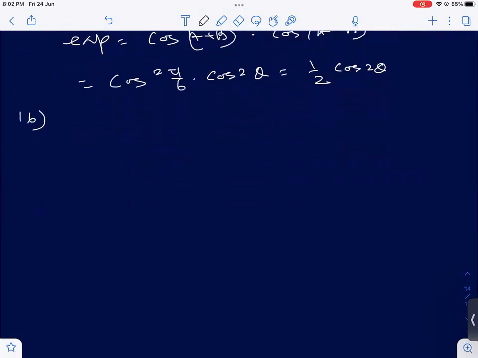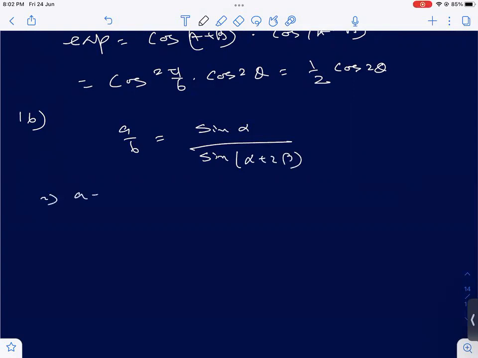For sum number 16, we are seeing that componendo and dividendo has to be applied. So just apply A by B. Let us separate sine alpha by sine alpha plus 2 beta.